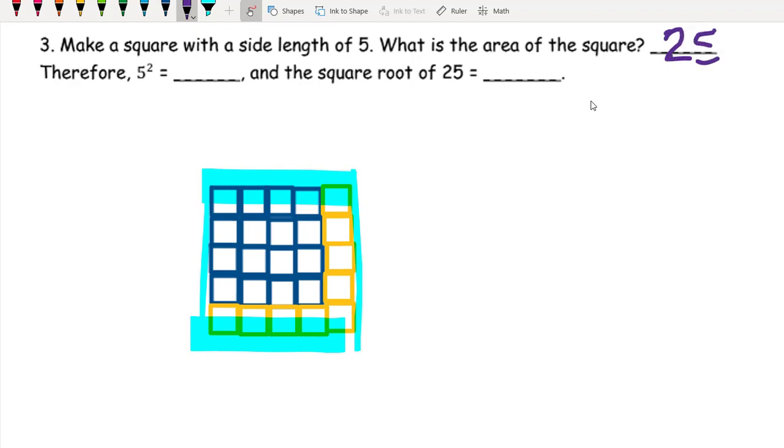The area of that square is 25. Therefore, 5 squared, that's why this is called squared, is 25. And the square root of 25, which is one side length, that would be, that's a 5. Easy enough, right?